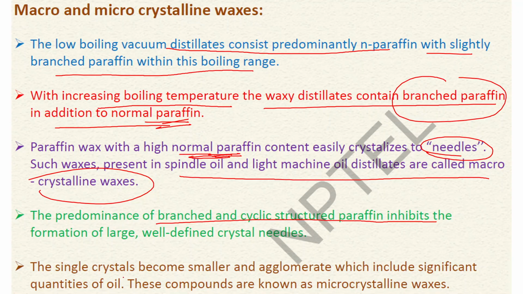So in macrocrystalline waxes needle-like structures form, whereas here smaller crystals form and agglomerate, and the spaces between them trap a large amount of oil. These components are called microcrystalline waxes.